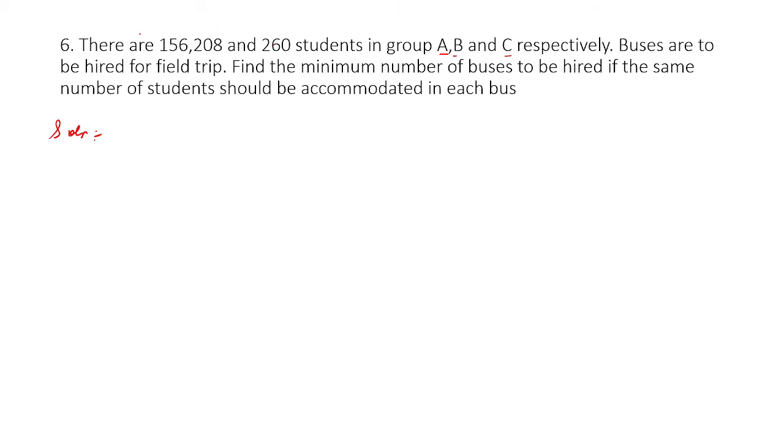Now buses are to be hired for a field trip. We are asked to find the minimum number of buses to be hired if the same number of students should be accommodated in each bus. Remember, we are asked to find the minimum number of buses, not the maximum.